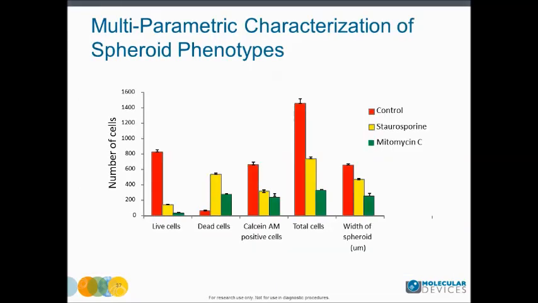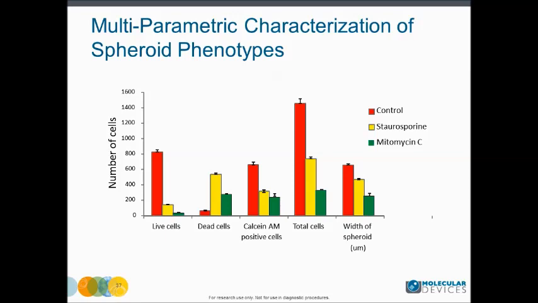This bar graph shows measurements for 3 examples of spheroids. So you can see a decrease of live cells, an increase of dead cells, a decrease of total cells or calcein AM positive cells, as well as a decrease of spheroid width.